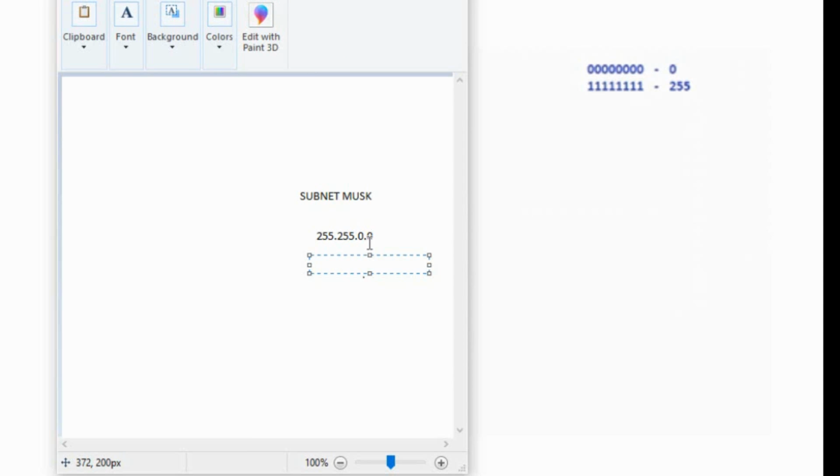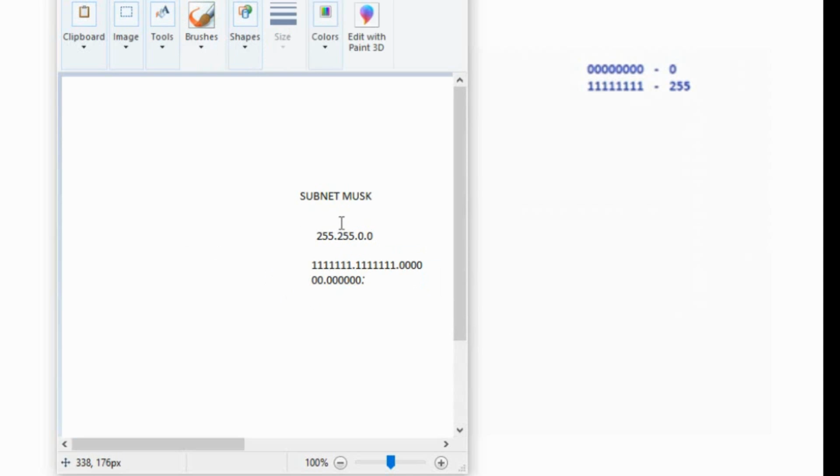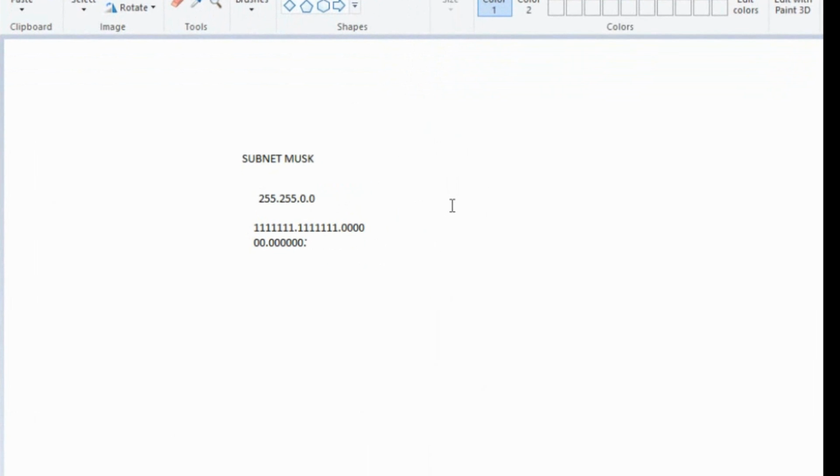So right away you have the 1s, 11111111, and then the 0s, 00000000, and so on. That's how you get the calculation from the subnet mask to the binary format. If I make it a little bigger for you, we'll be able to see it properly. So this is the subnet mask I've explained to you guys.